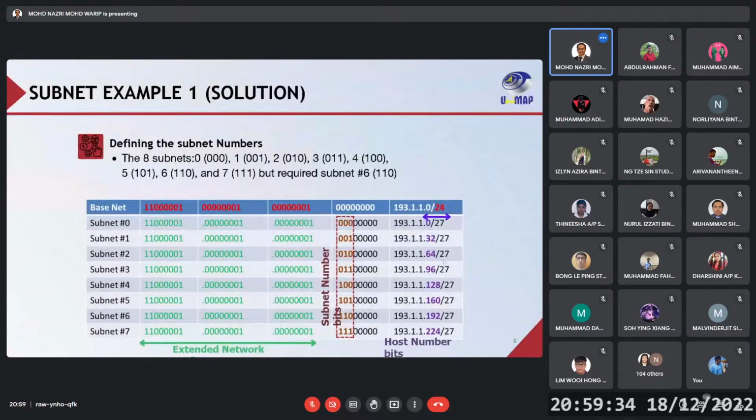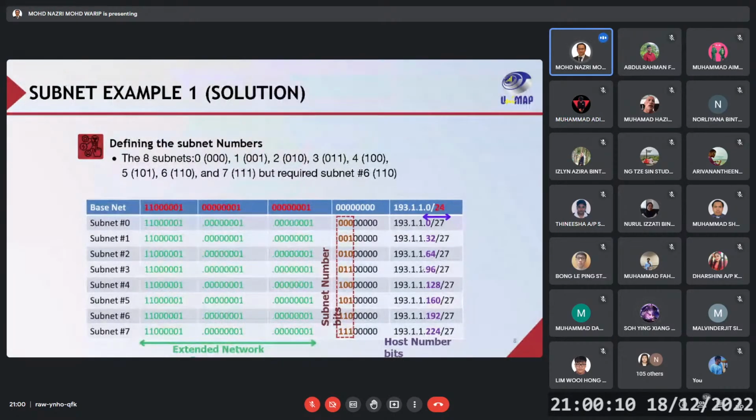So that means, 32 hosts, does it comply with the requirement? Is this following the company requirement?